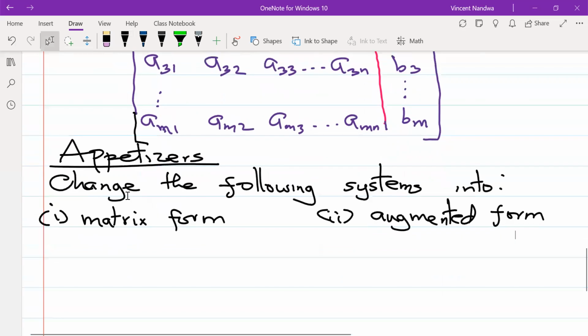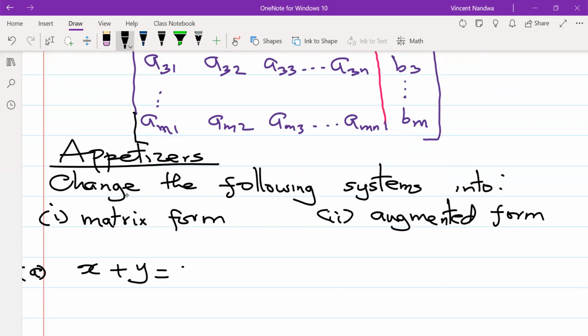So as usual, we make the first case an easy case: x plus y equals 3, and 2x minus y equals -5.